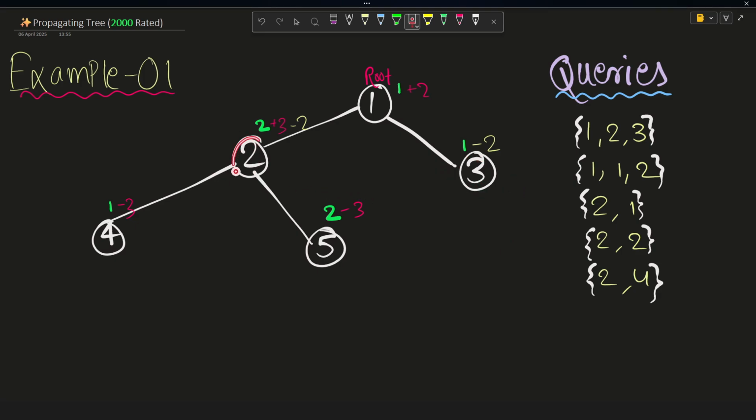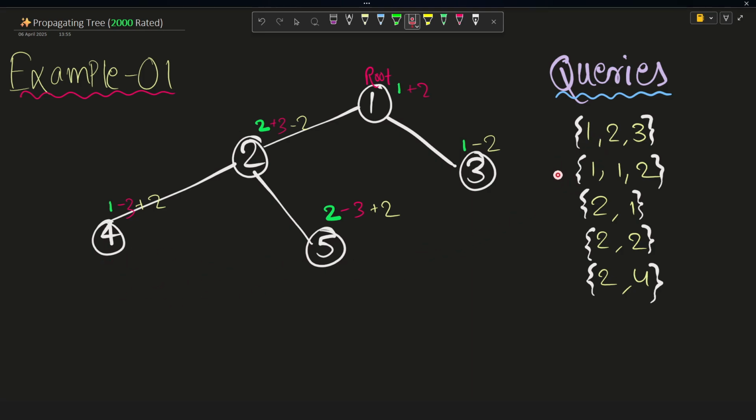But this node has two children on both sides, so we have to propagate this value further. Since I added a value of minus 2 here, for these two nodes I have to add a value of plus 2 instead, that is, plus 2 here and plus 2 here. Now since it has no children further, we will stop.